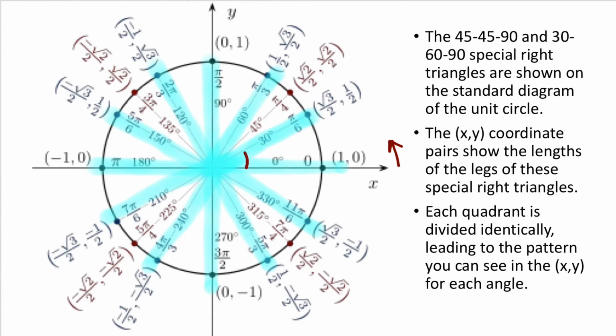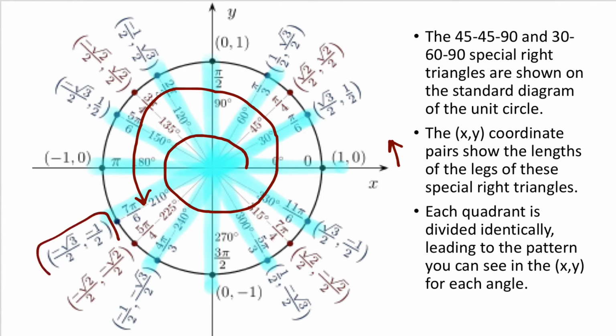So that's 1, 2, 3, 4, 5, 6, 7, 8, 9, 10, 11, 12, 13, 14, 15, 16, 17, 18, 19. So my coordinate pair is negative root 3 over 2, negative 1/2.